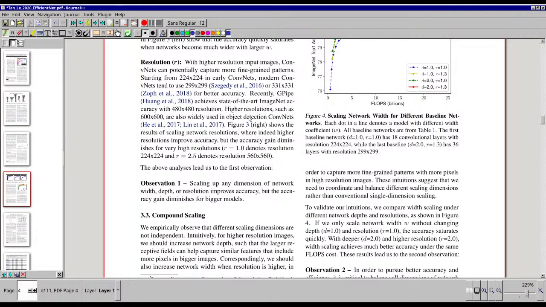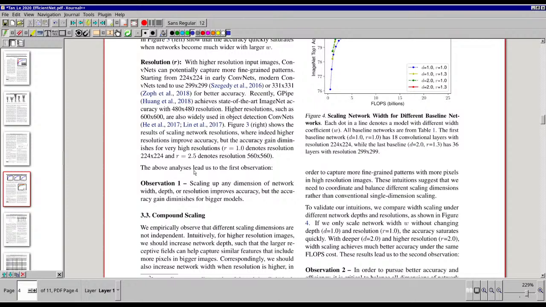Higher resolutions such as 600 by 600 are also widely used in object detection ConvNets. Figure 3 right shows the result of scaling network resolutions, where indeed higher resolutions improve accuracy, but the accuracy gain diminishes for very high resolutions. R equals 1.0 denotes resolution 224 by 224, R equals 2.5 denotes 560 by 560.